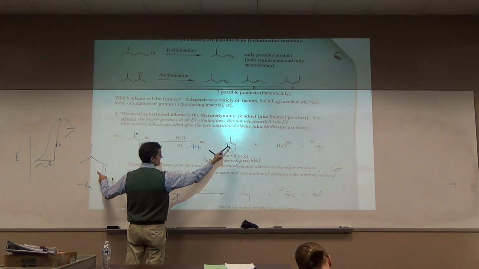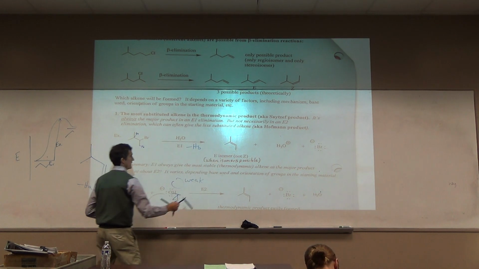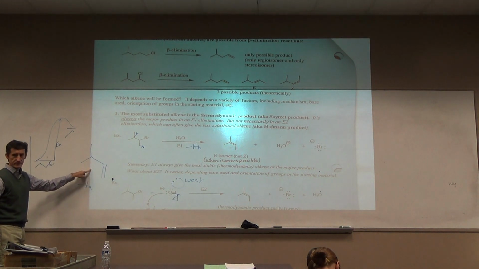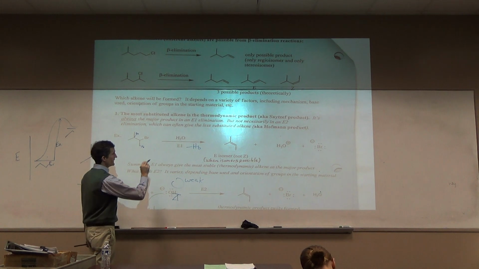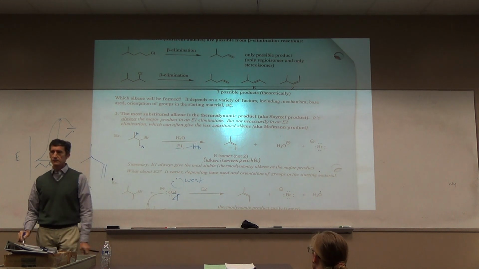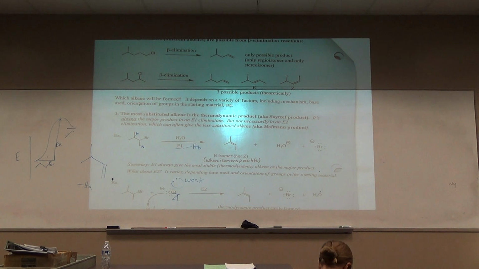Well, how do you answer it? First off, which one is Zaitsev? More right. That's Zaitsev. This is Hoffman. What mechanism are you doing? E1? What was the statement about E1? I underlined it.